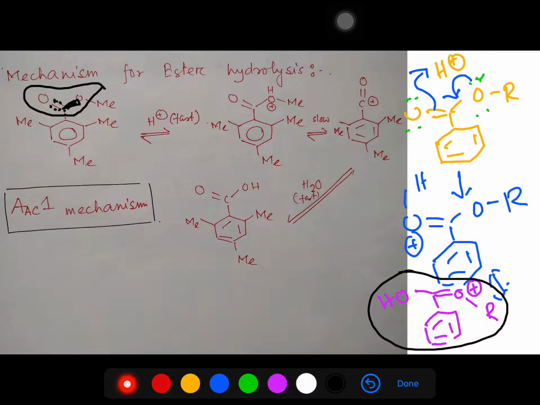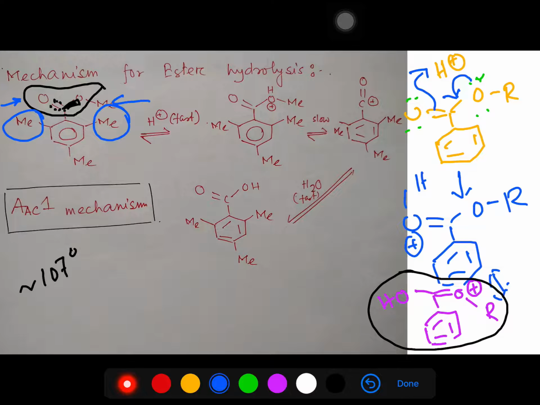Consequently nucleophilic attack, which generally prefers around a 107 degree angle, that is the Burgi-Dunitz trajectory, is hindered because of the presence of these two ortho methyl groups. Either it will attack from this side or this side, but that may not be possible because these methyl groups are there which repel the nucleophile.